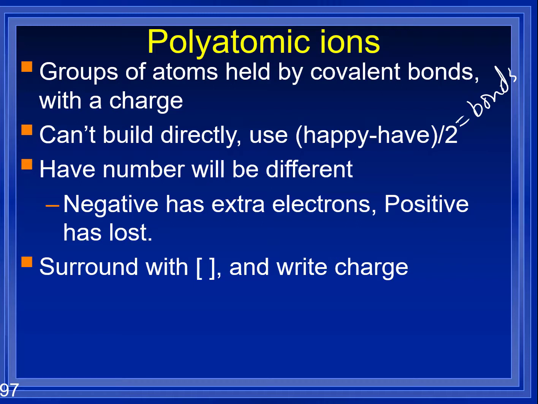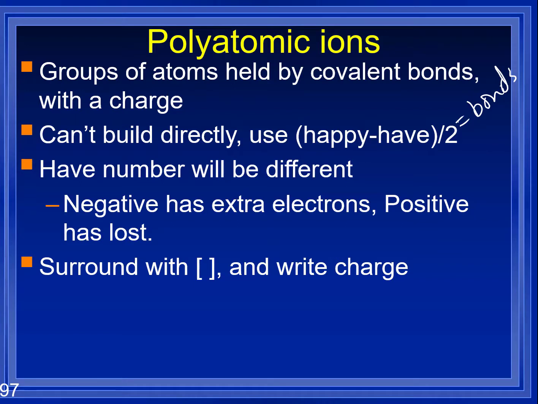And then write the charge outside the brackets. So if I put a 2 minus outside the brackets, that means someplace inside these brackets, there are 2 extra electrons. Or if it's a positive 3 outside the brackets, it means somewhere in here there are 3 electrons missing. We don't know which ones they are, but we know 3 are missing.